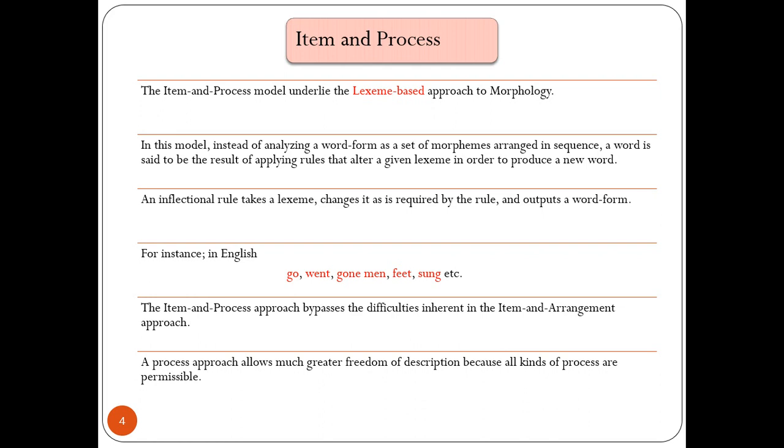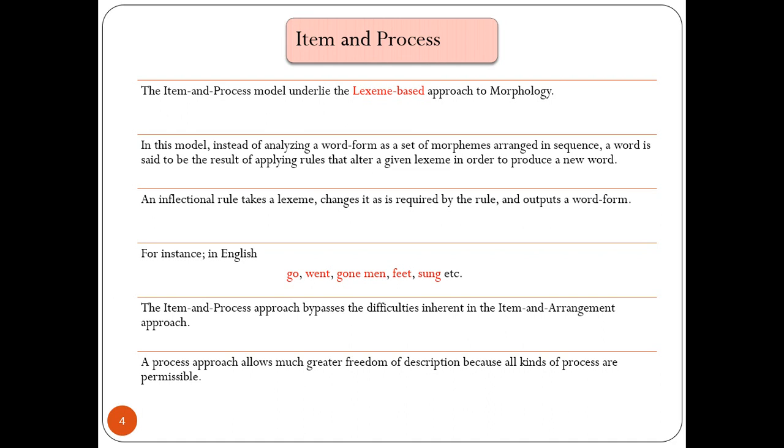But in IP, item and process, we have items, but we also have processes. The previous one, IA, is a simple addition of different morphemes. But in this case, we have processes: modification, changes, alteration. The item and process model underlies the lexeme based approach to morphology.